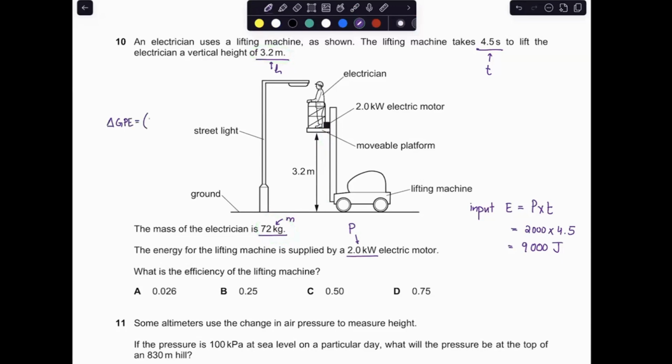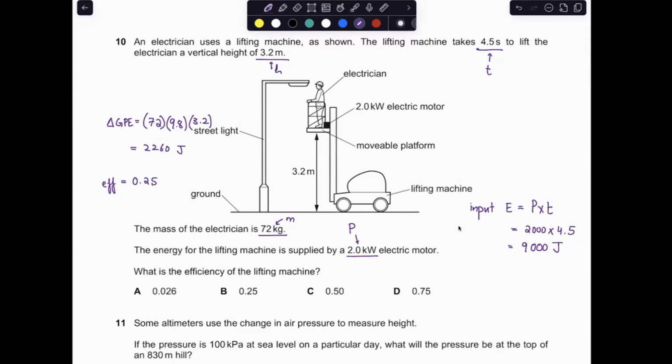So that's going to be M into G into H, which is 3.2. So that's the amount of energy that he was able to gain. So that's about 2260 joules. So that's our output. That means our efficiency now is going to be 2260 divided by 9,000. So the efficiency would come out to be about 0.25.